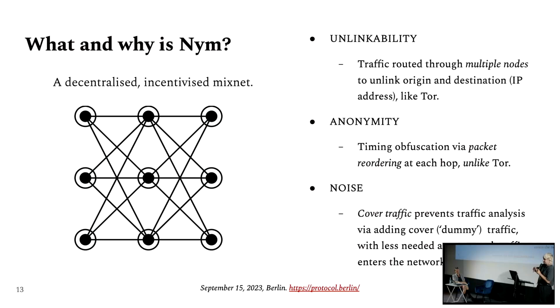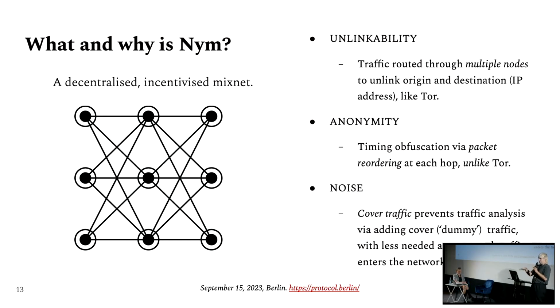The mixnet also involves 5 hops instead of 3. And traffic moves through the mixnet differently from Tor, where you just set up a circuit and start streaming all of your traffic through those 3 nodes. With the mixnet, we break everything down into packets, and I will go into that a bit later. This is where your timing obfuscation comes in, which prevents traffic analysis attacks and the like.